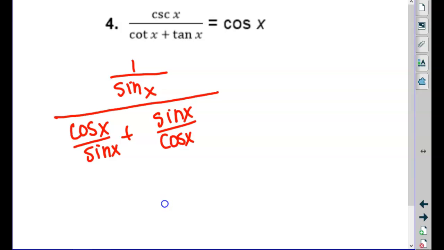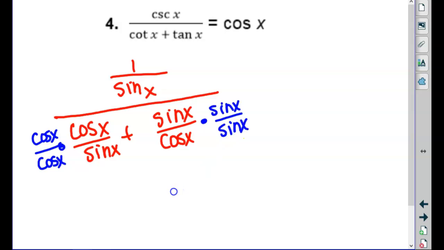Ideas? Yeah, the bottom part first. You have to make it into one fraction first. Okay, we can make the bottom into 1 fraction first. To do that, we'll need a common denominator on the bottom. So this will have to multiply by sine cosine over cosine, and this one will have to multiply by sine over sine.